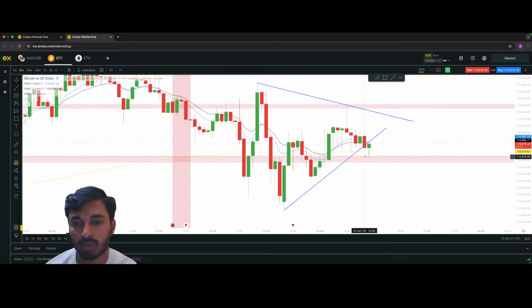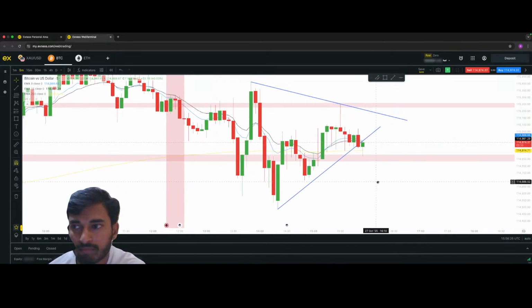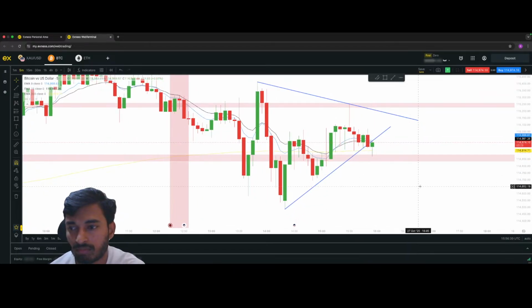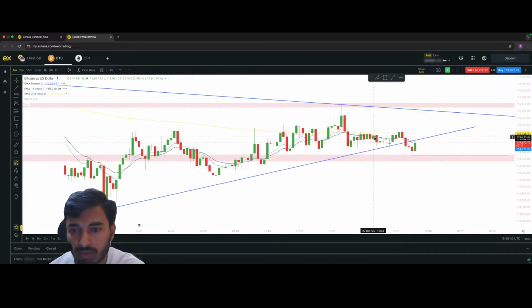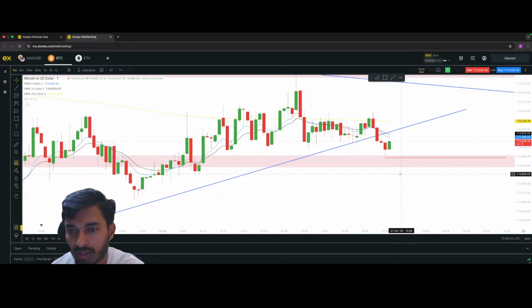It is taking support at the 200 EMA. Let's draw this support line over here. If in the 1 minute candle it closes below this, then we'll take a short entry.